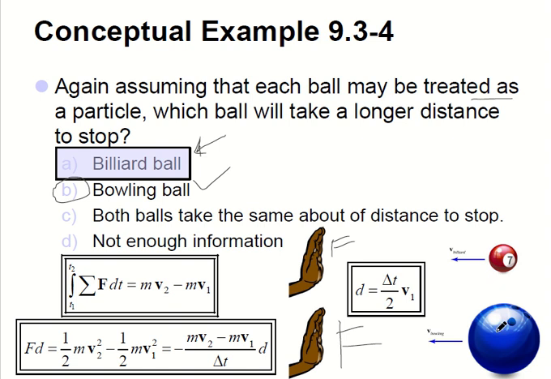So yeah, this is going to take a longer distance, because it's definitely going to take a longer time to stop because of its mass. If we don't consider the mass, they're going to take about the same time, so therefore they're going to reach the same distance. So it's either this or this, it cannot be that, right? So I think there's a mistake in this question.